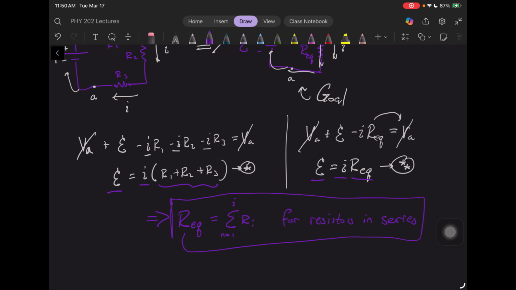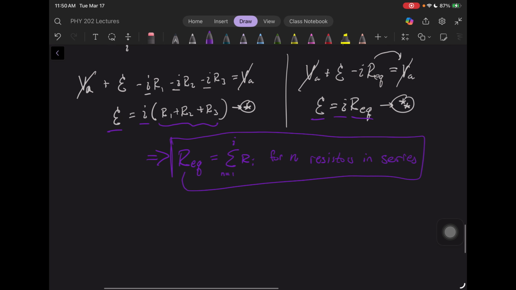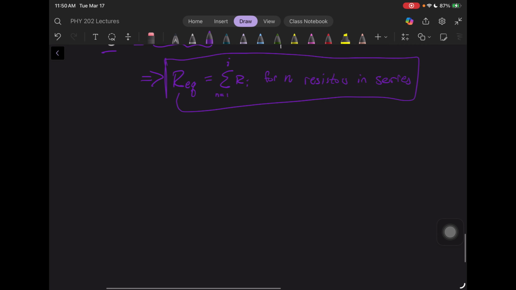We'll go ahead and make it for N resistors in series, right? And so you can go up to however many resistors you want. As long as they're in series, you add the resistances together, and you find the equivalent resistance, which we saw in lab. Okay, so that's all fine and good.